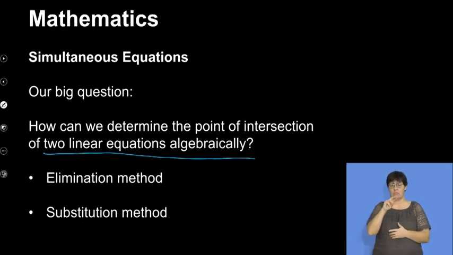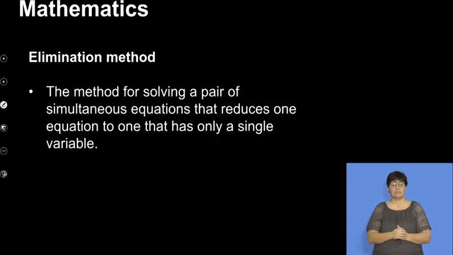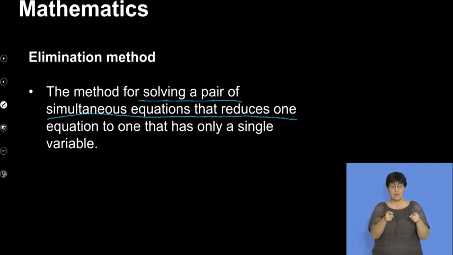And that we are going to do with method 1, the elimination method, and method 2, the substitution method, which we're going to do at a later stage. So the elimination method is the method for solving a pair of simultaneous equations that reduces one equation to one that has only one variable.